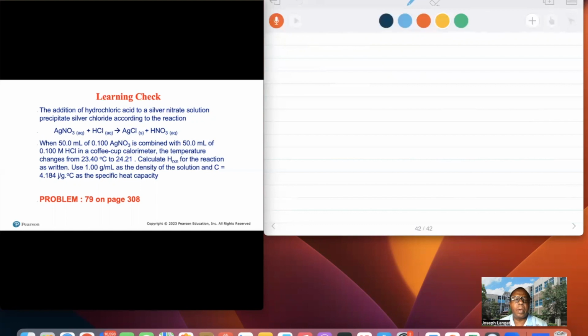Calculate the ΔH for the reaction, the enthalpy for the reaction as written. Use 1.00 grams per mL as the density for the solution, and the specific heat is 4.184, which should be C_s.